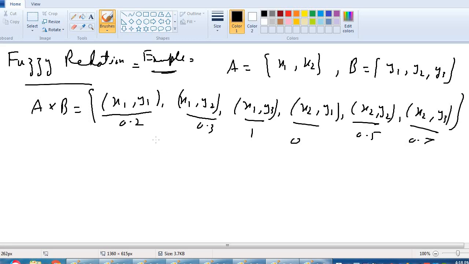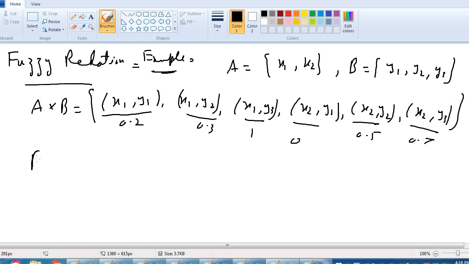We can also write it as x1 y1 in brackets, then a comma, and 0.2. We can also write it by dividing, writing the order pair in the denominator as well.